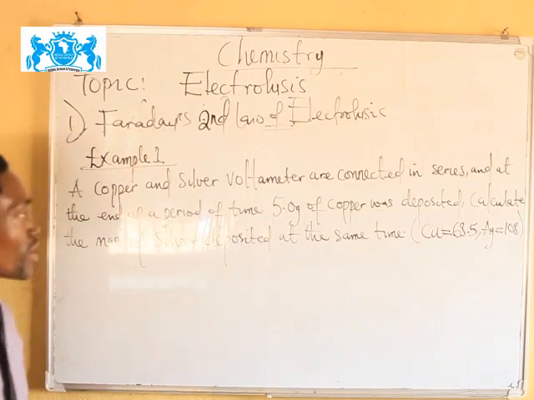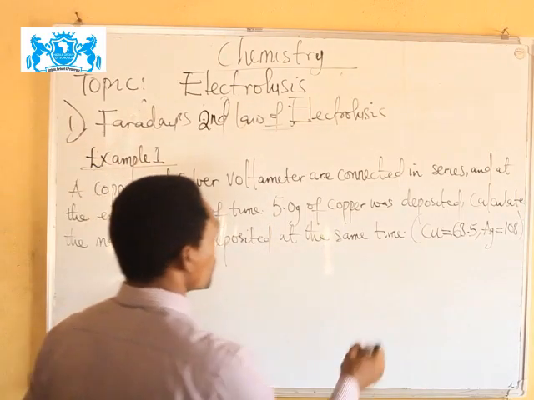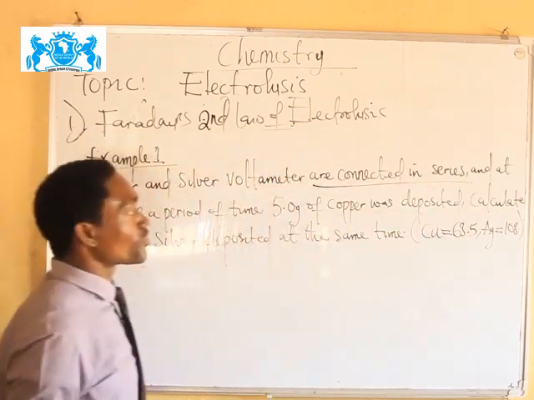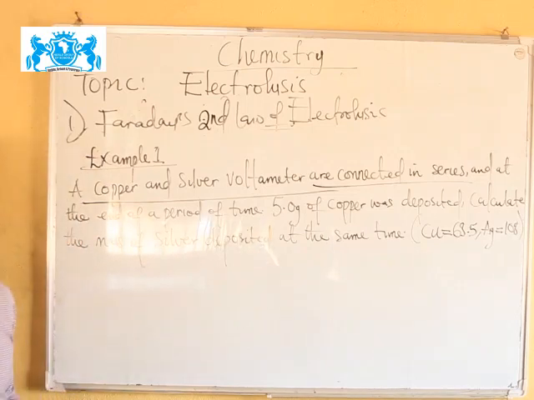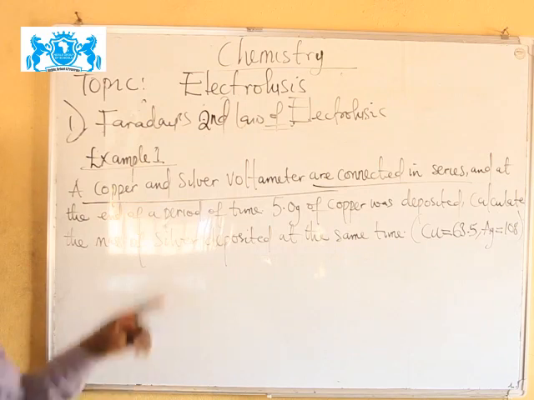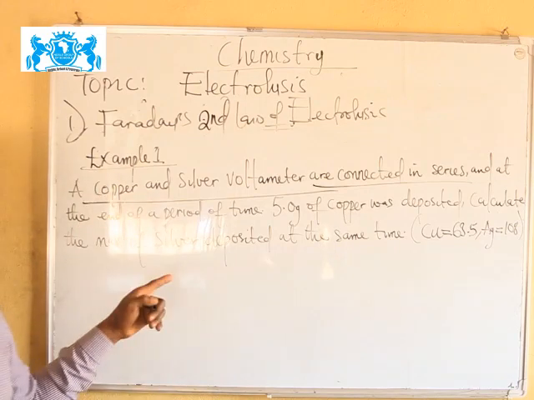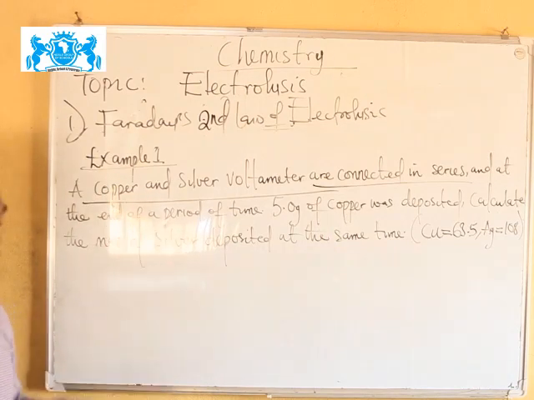Now, for you to do that, remember the caution. For Faraday's second law, there must be two or more electrolytic cells connected in series. That's the condition that tells you which law to apply. The law to apply is Faraday's second law of electrolysis.